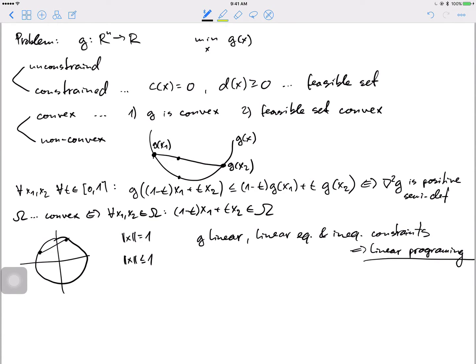You might have heard the term linear programming because that's one of the best studied cases in optimization since many decades ago. Now, when you also have linear equality and inequality constraints, and the G is quadratic, you might have heard this term too, then it's called quadratic programming.